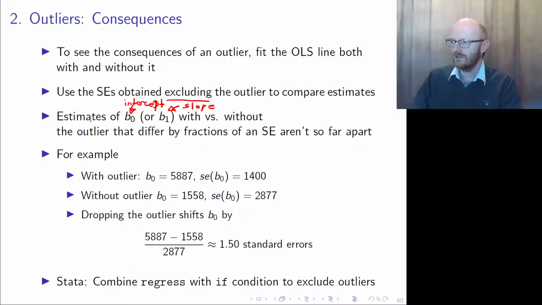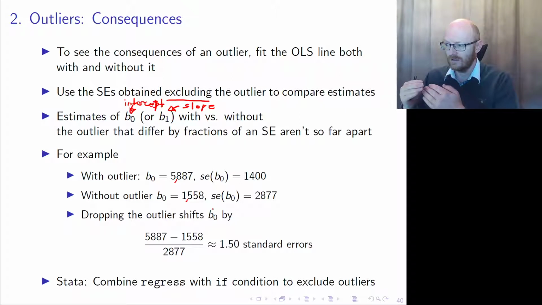So you just take the estimate of the intercept or the slope, and you look at the difference. For example, here the intercept with the outlier is 5,887, and without the outlier the intercept would be 1,558.